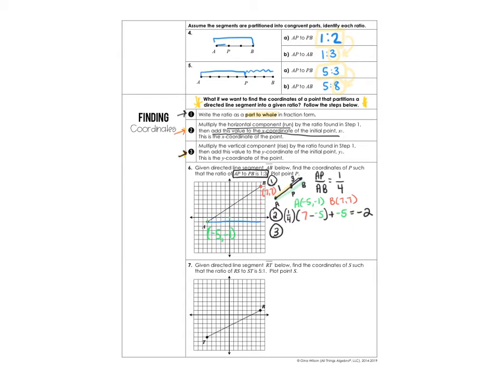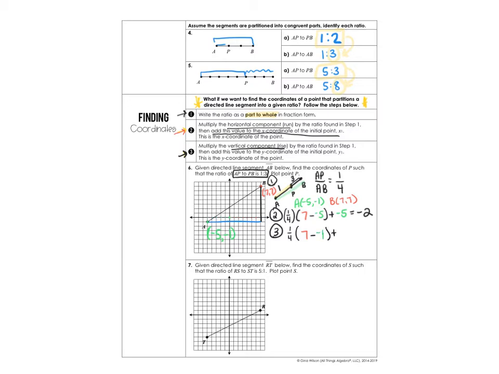Step 3 is doing the same thing, but now we're focused on the vertical component or the rise. So we're looking at this piece right here. So again, you want to multiply the ratio times the vertical component, which is y2 minus y1, and -1.